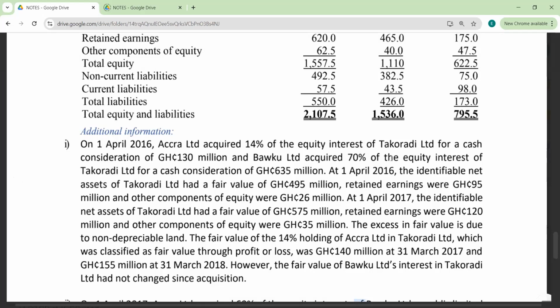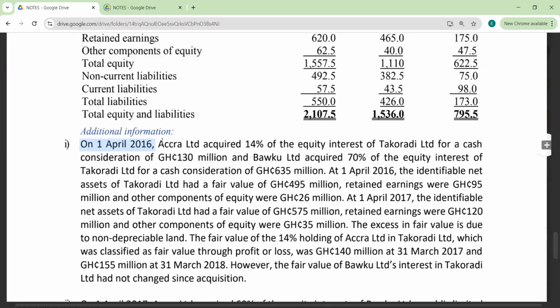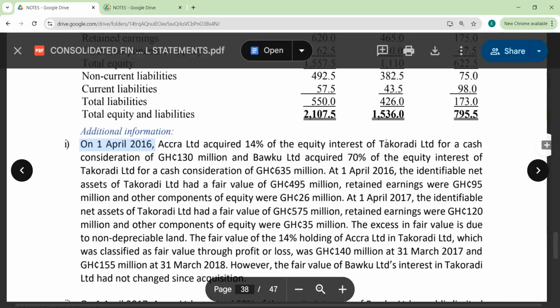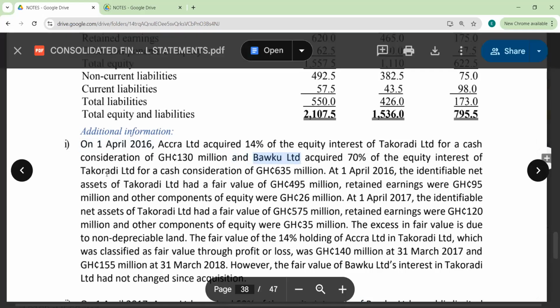It occurred on the same day too. On 1st April 2016, Accra acquired 14% of equity of Tadi for a cash consideration. And on the same date again, Boko acquired 70%. Accra controls Boko at the same time. So we classified Boko.